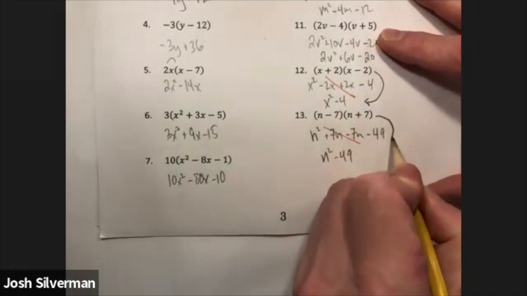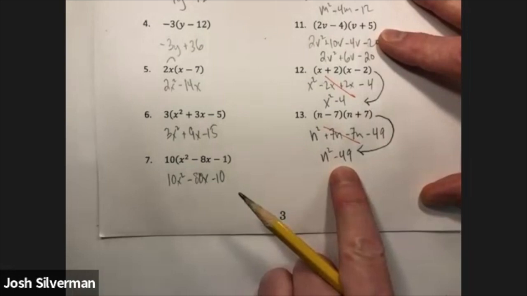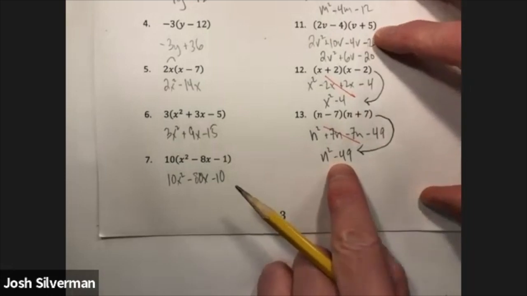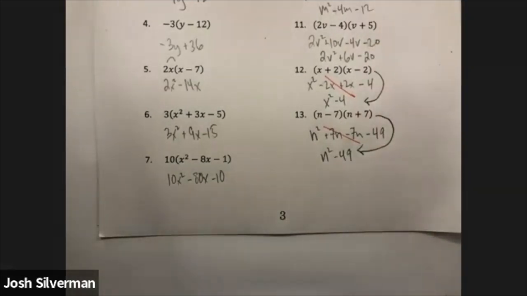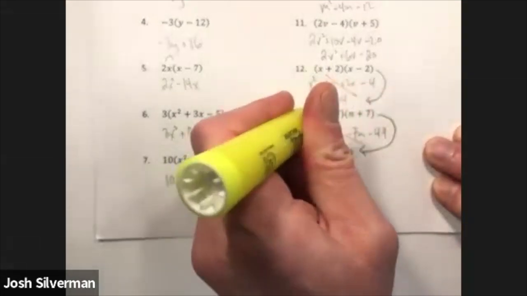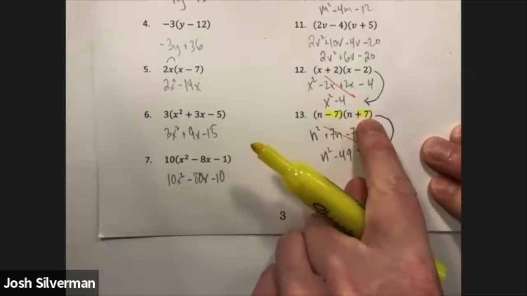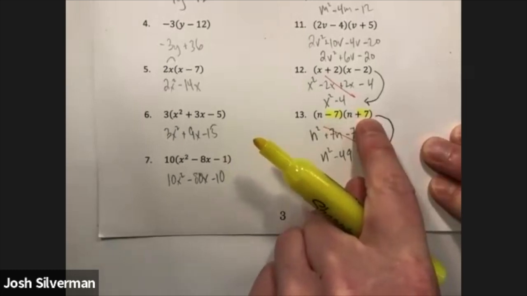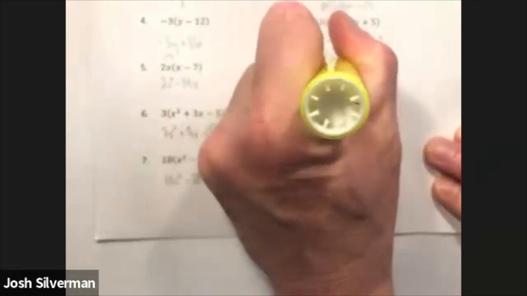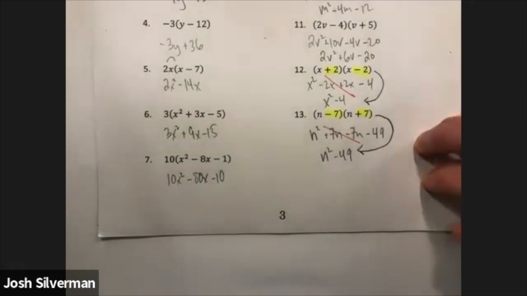When we start with the two binomials, we ended up with no middle term, just the squared and the constant. What is special about number 12 and number 13? Why does this canceling out happen? Well, here's why. Because you've got the same two numbers in the last positions, except for they have opposite signs. The same two numbers in the last positions, and they have opposite signs.